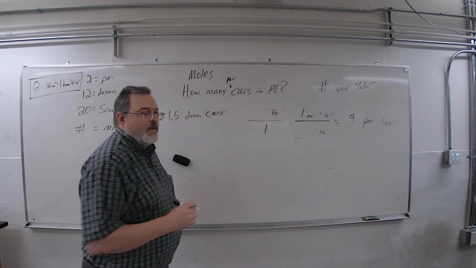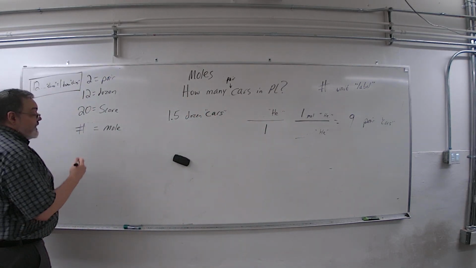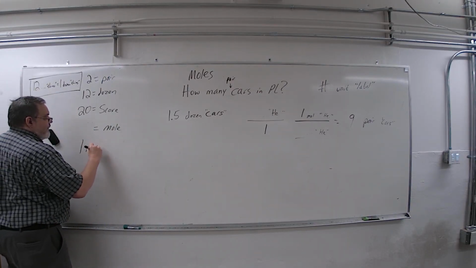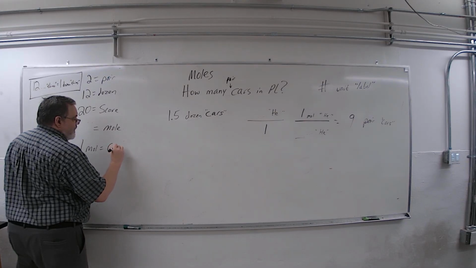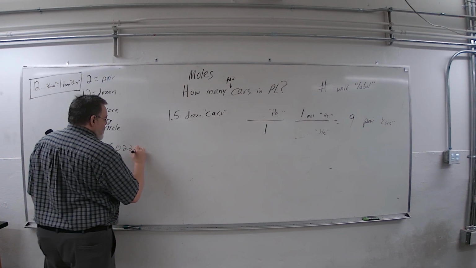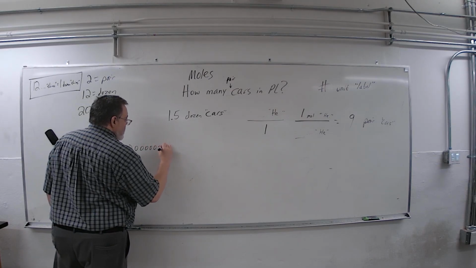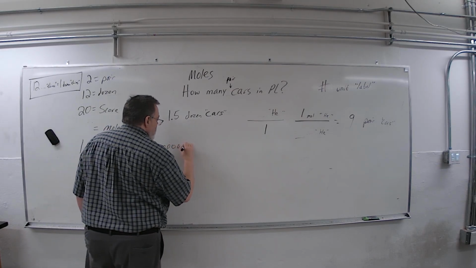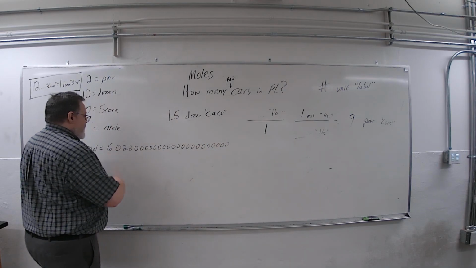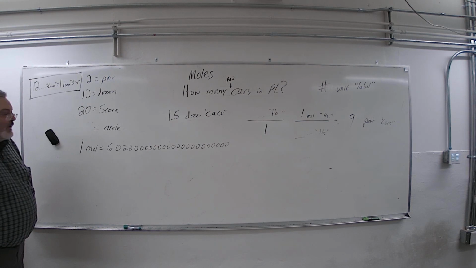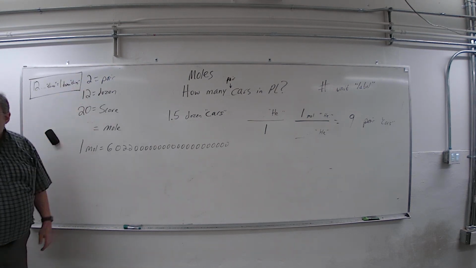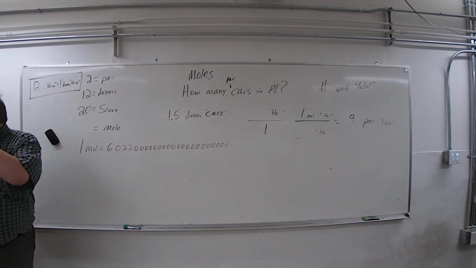And I need 1 mole equals so many helium atoms. This is one of the reasons people hate mole. 1 mole is, if I did that right, 23 zeros there. It is an integer, just like 12, 2, and 20. It's just a massively huge integer.